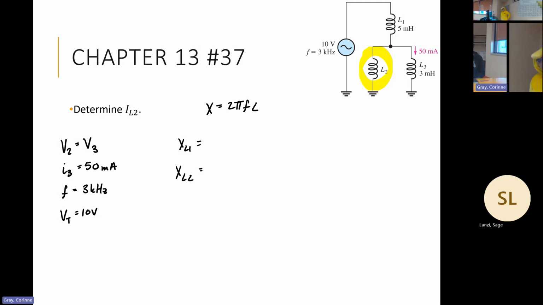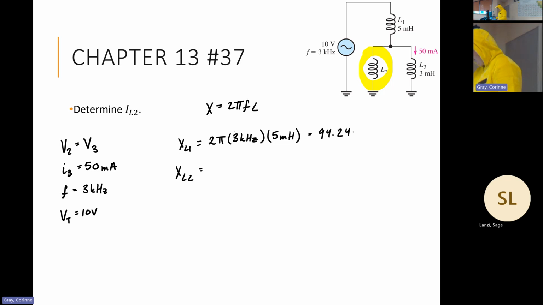Here, my frequency is given in kilohertz and my inductance is given in millihenry. Do I need to convert? No, they're going to cancel out, so I can keep them as they are. So I'll have 2 pi, 3 kilohertz, and for L1, 5 millihenry, which gives 94.248 ohms.